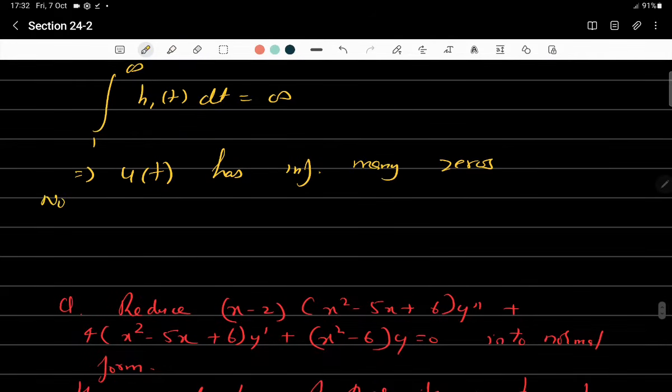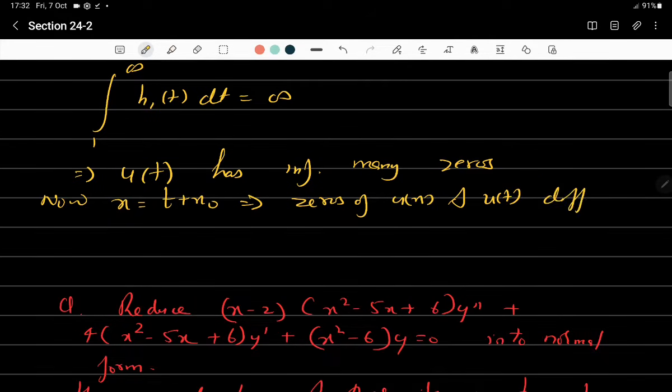So now x is equal to t plus x naught implies zeros of u of x and u of t differ by x naught, and x naught is any number. So differ by x naught, it means that they have the same amount of zeros. If one has infinite number of zeros, the other also has infinite number of zeros.